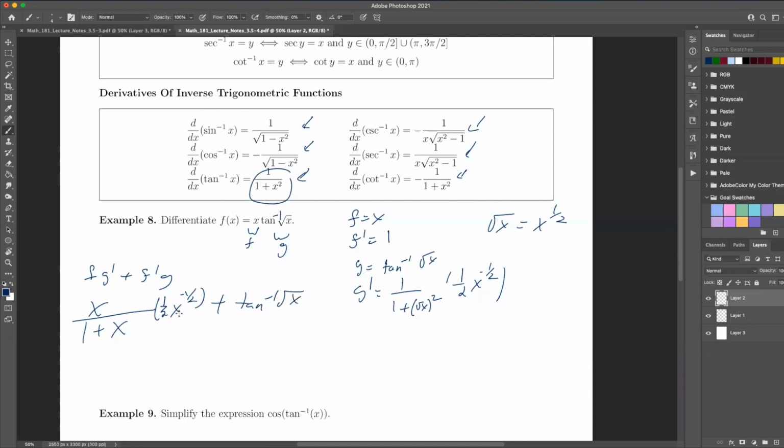And then here we can simplify this, so we can pull the 2 down. So I'll put that in here, so this becomes square root of x over 2, 1 plus x.